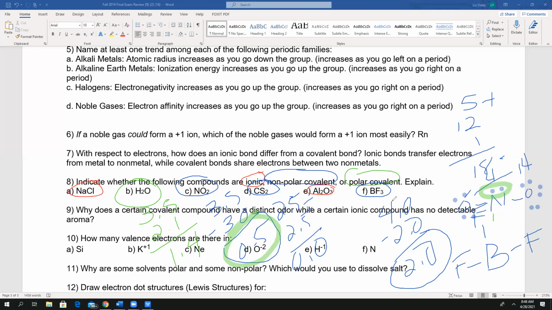So you cannot always rely on this, okay? Because boron is a metalloid, and metalloids are not your normal elements. That's a metalloid and a non-metal.